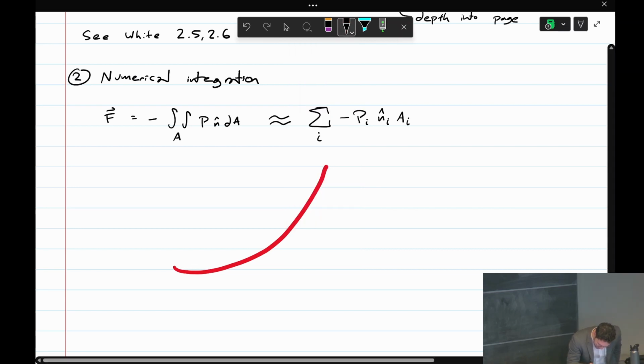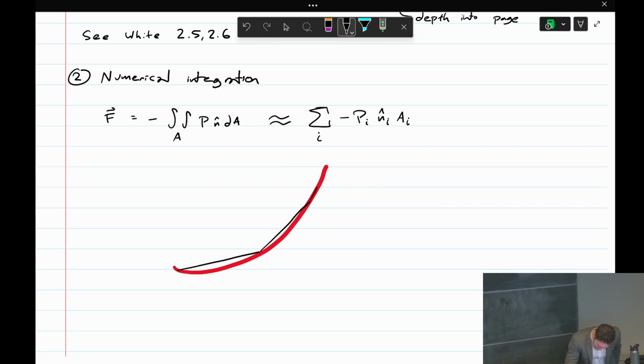Let's approximate this curved surface as a bunch of straight segments like this. So we can calculate now. We approximate a curved surface as a bunch of flat plates, which we've done the calculations for. And then you can add up the contributions from all those flat plates to integrate numerically over the surface.